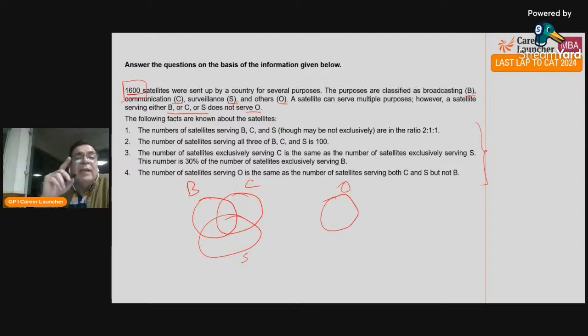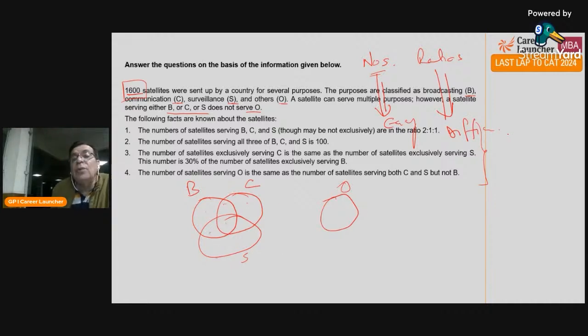Quick look. Whenever I have a Venn diagram, I want to see, do I get numbers or do I get ratios? If I'm getting primarily numbers, that means this is an easy set. If I'm getting primarily ratios, that means it's a difficult set. Why? Because if it is giving me ratios, I'll need to find each of these numbers separately.